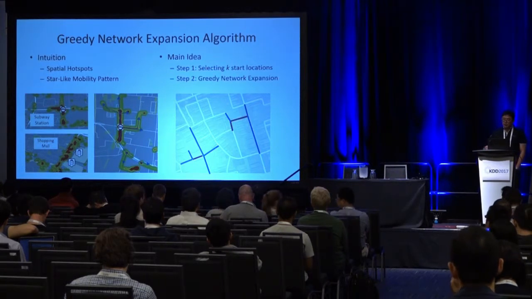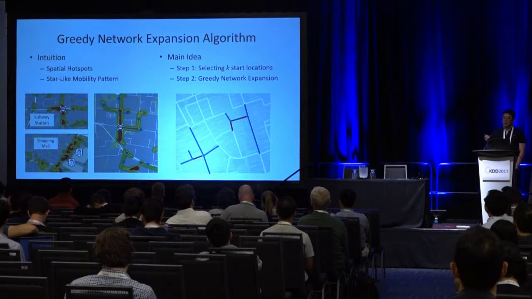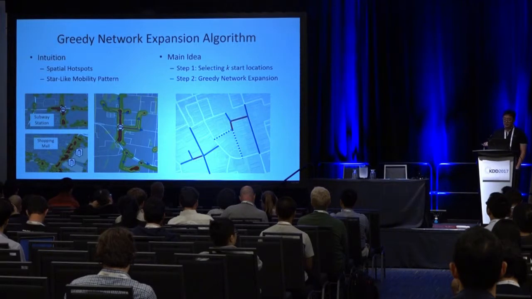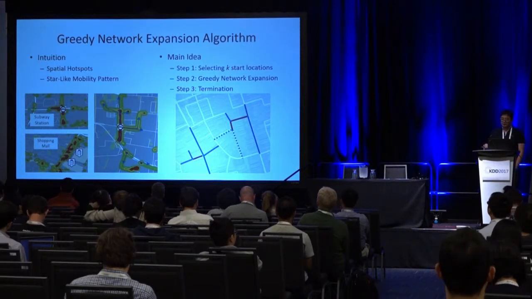And each time, we will choose the edge with the highest score gain per length or per cost based on our score function. Then we choose the best one to insert into our result set and put their adjacent edges in as further candidates. And we do this iteratively until our budget is used up.